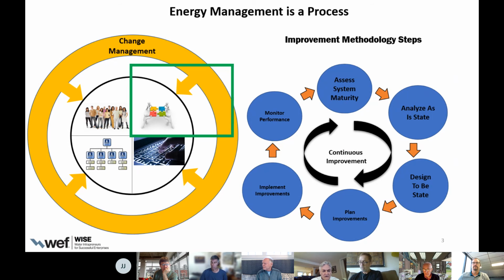So Cello has shown these slides before. This is the improvement cycle. And of course, change management is involved in everything. But the improvement steps that WISE, through its methodology, defines for us are the ones you see on the right, where you start at the top, assessing your maturity, analyze your as-is state or condition processes, and then based on that, you build a to-be design.